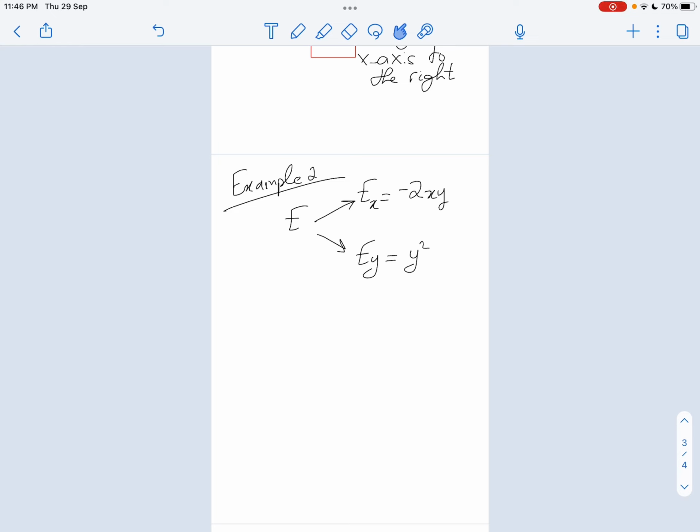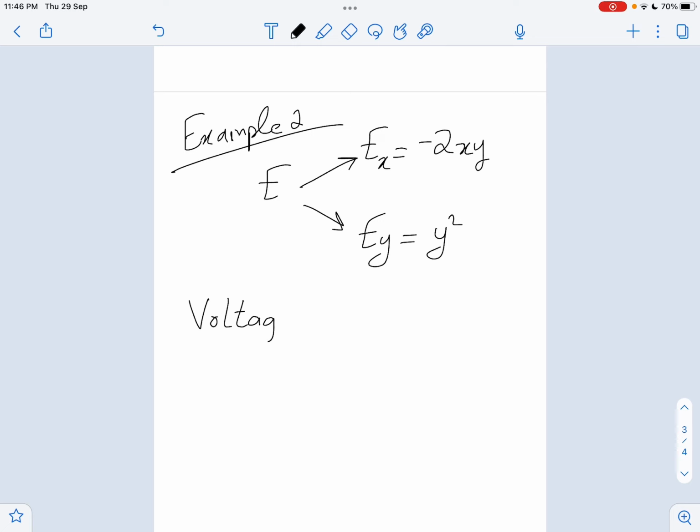I need to find the voltage, or potential, between the 2 points, along the x-axis and y-axis, and those 2 points are (1, 3) and (2, 5), let's say.